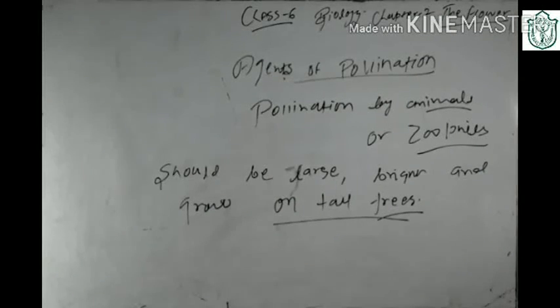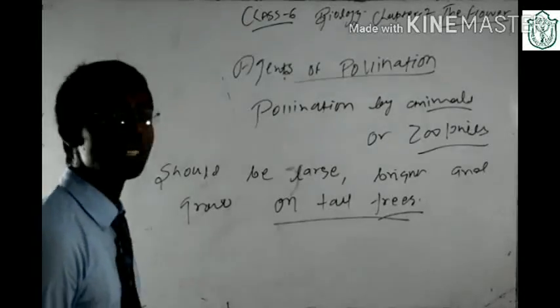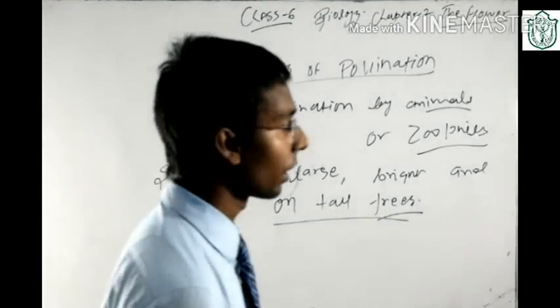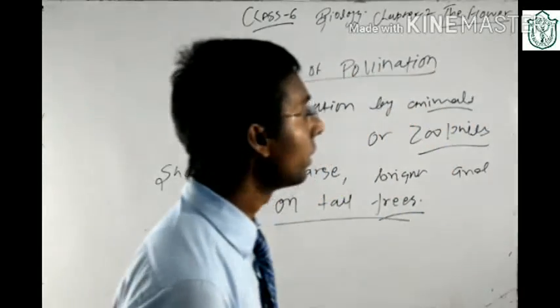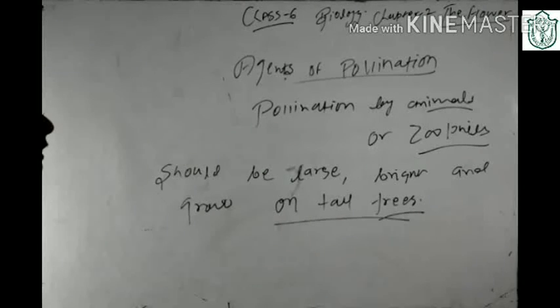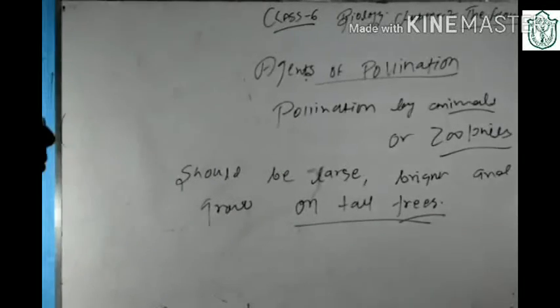So here we have seen the four types of agents for flowers to get pollinated. There are four types of pollination, and four agents of pollination.